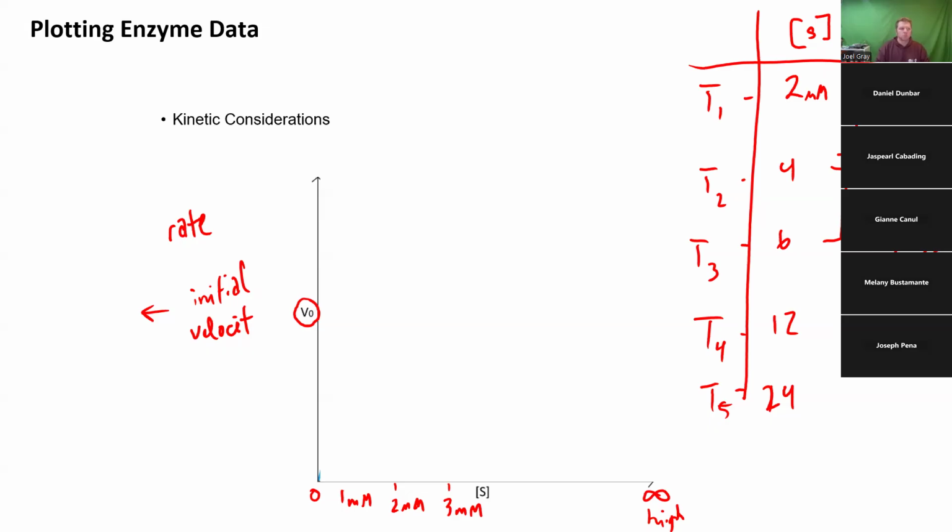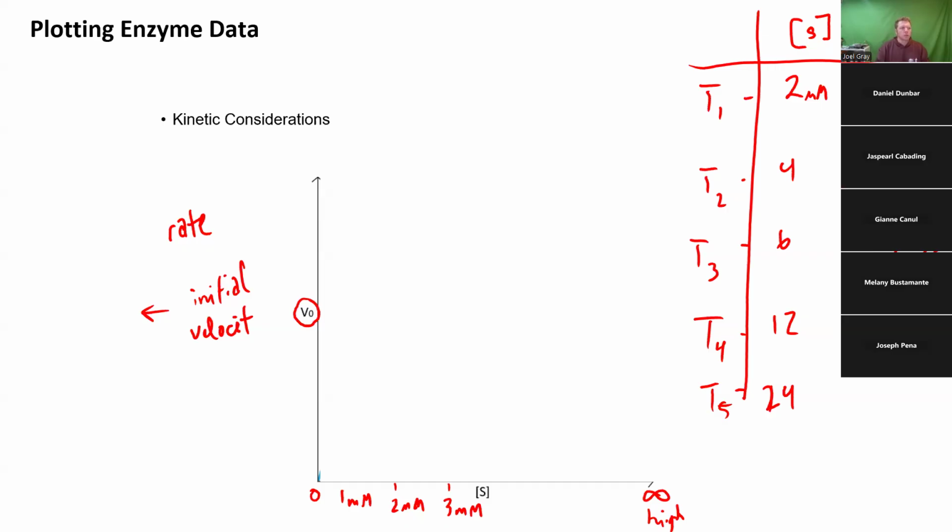Yes or no? No, it's not. Between 1 and 2, we see our velocity double. Between 2 and 3, it doesn't double. It goes up basically half as much. I'm just putting these numbers in arbitrarily for a model that we're putting together. Does that make sense? These are just hypothetical numbers.